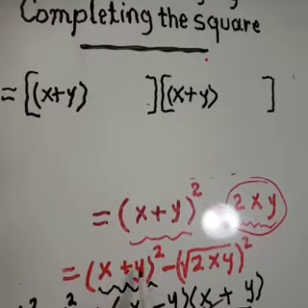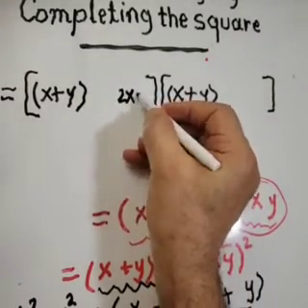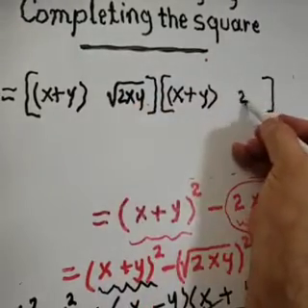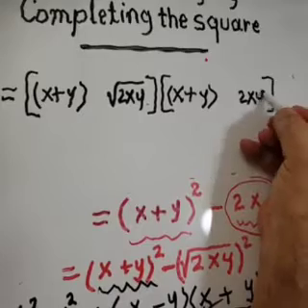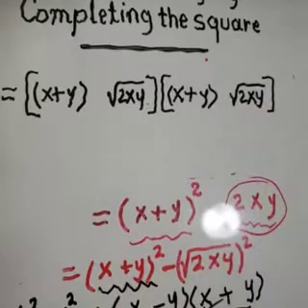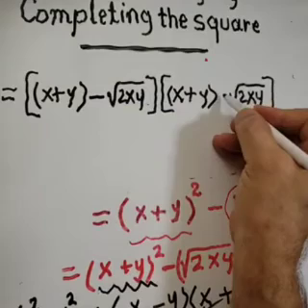So this squared term will be written as x plus y, and what's here will be written as the square root of 2xy, with the signs negative and positive, that means a minus and a plus.